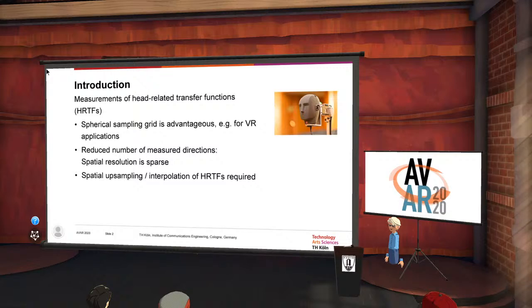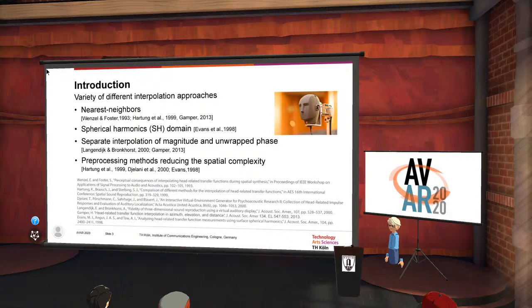We would like to access these HRTFs on spherical sampling grids, and in many cases we have measured the HRTFs on a sparse sampling grid, and thus there is a need for some kind of spatial interpolation or upsampling.